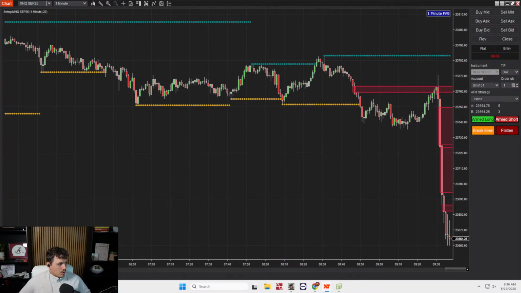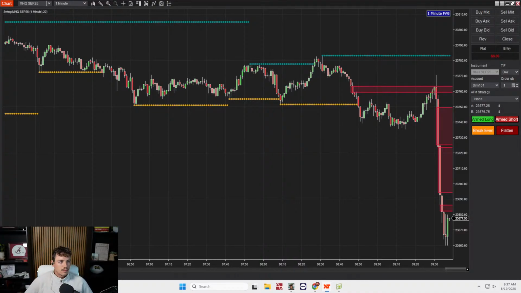Yes, somewhat bouncing here. Do have equal lows at the bottom there on NQ. Assuming we'll probably sweep that.